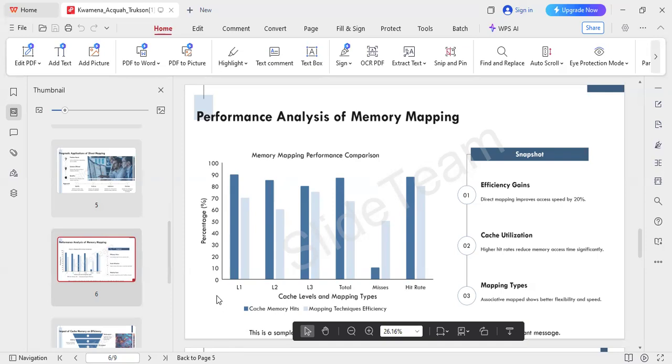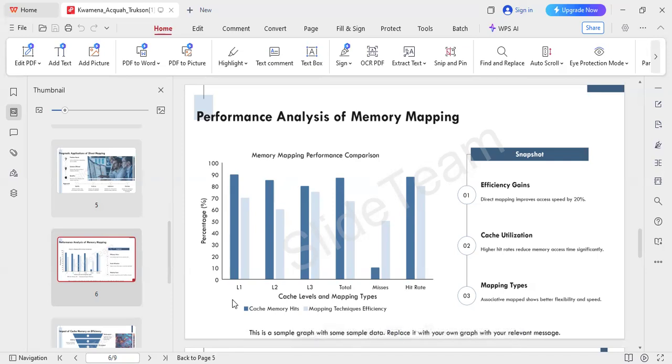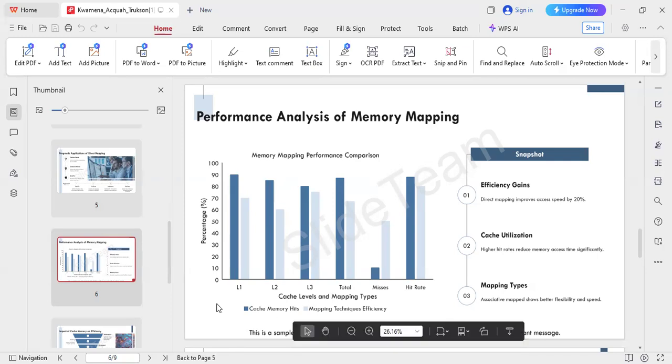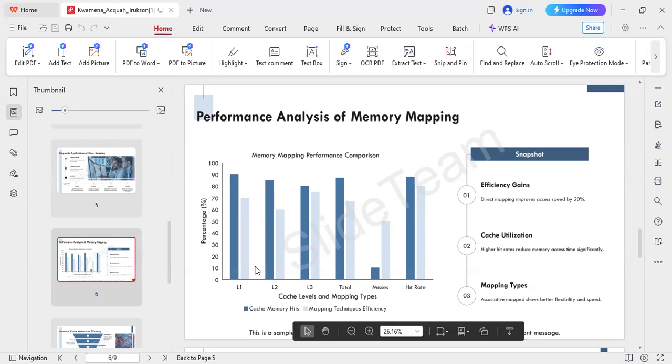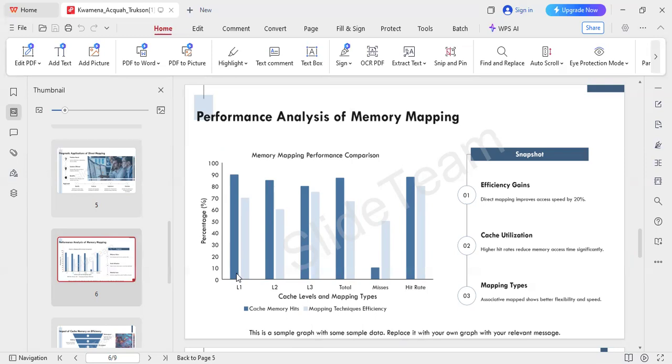We also have cache memory hits, so that's the metrics. And we also have mapping techniques efficiency, which is shown as percentages. The blue bars represent data for each cache level and metric.